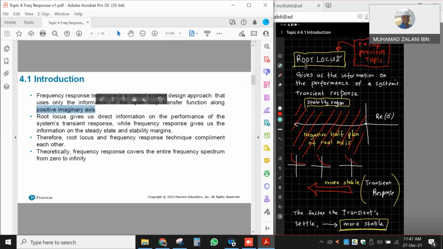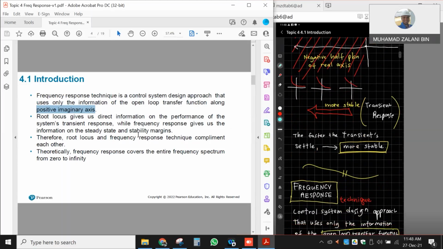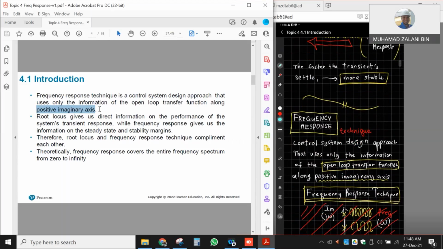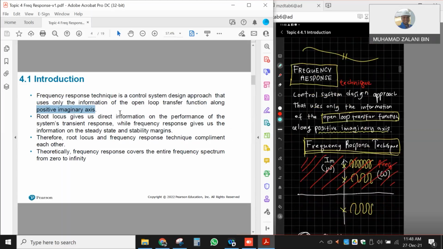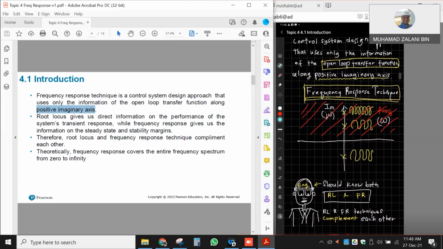As compared to the root locus method, where we have been focusing on the left half plane of the real axis, which is the negative half plane of the real axis, for the frequency response technique, if we refer to the S-plane, we are focusing on the positive imaginary axis, starting from 0 to infinity of the imaginary axis j omega. That is what the frequency response technique does.